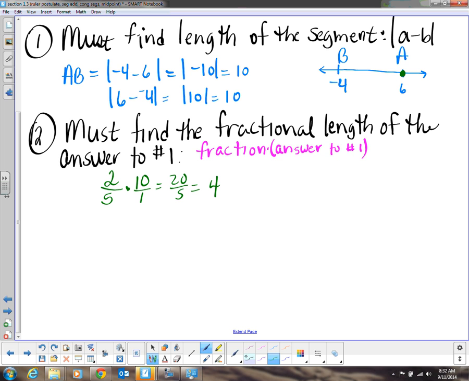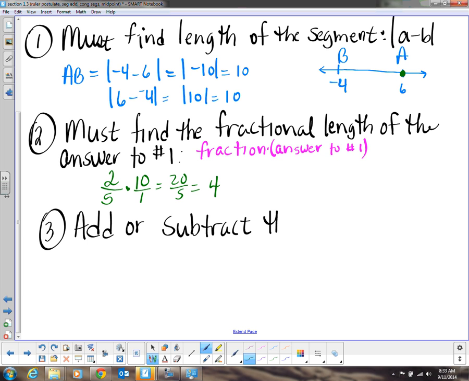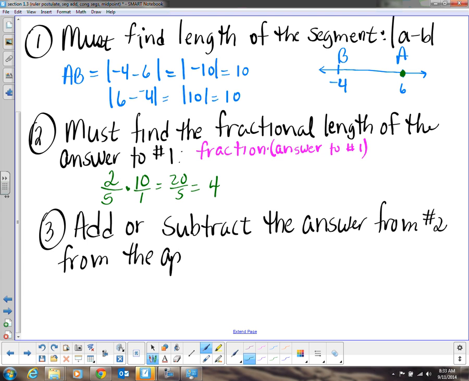Okay. So now step 3, you must add or subtract the answer from 2 from the appropriate endpoint.